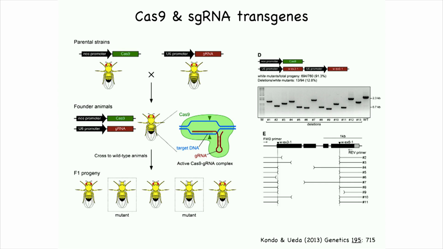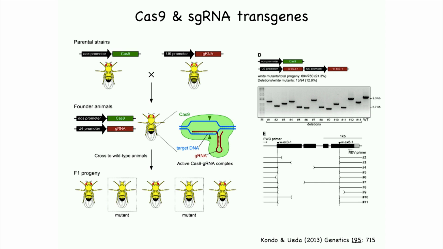So you make animals that are carrying this at one of those landing sites that I was talking about earlier, and then you make another line of flies that have the guide RNA you're interested in driven by an RNA polymerase III promoter, the U6 promoter. And then when you cross these flies, all of their offspring get both those genes, and mutations will be induced to the extent that that's a good guide RNA and that's a healthy Cas9 protein, and you can just screen these.